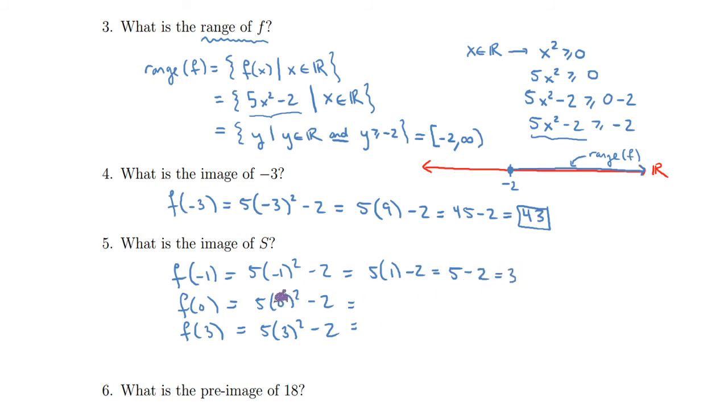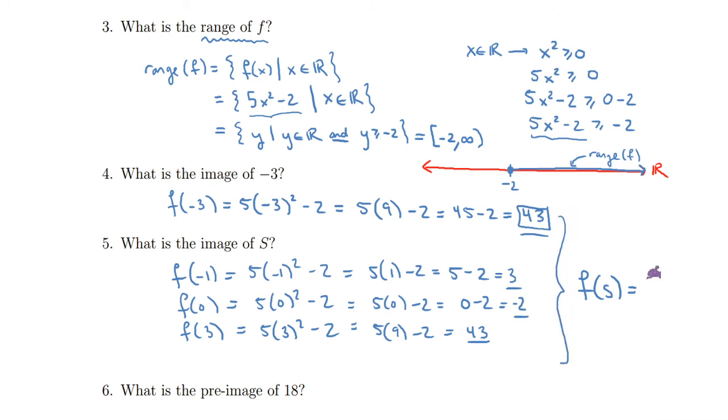This will be 5 times 0, which is 0, minus 2. So 0 minus 2 is negative 2. And then this one is 5 times 9 minus 2, which we already calculated, right? Which is 43.